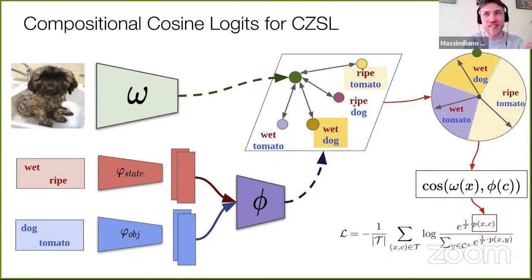Eventually our prediction may be wrong, because the embedding for ripe dog has a high cosine similarity with respect to wet dog.